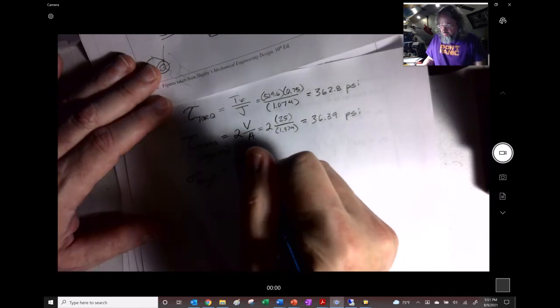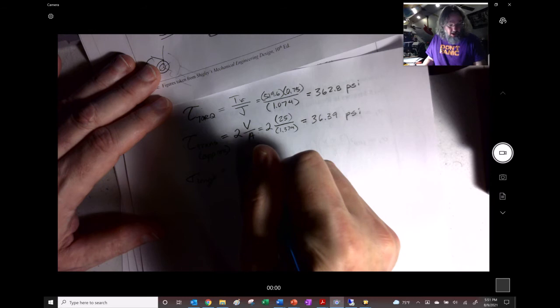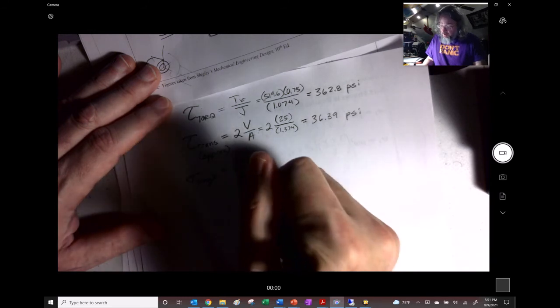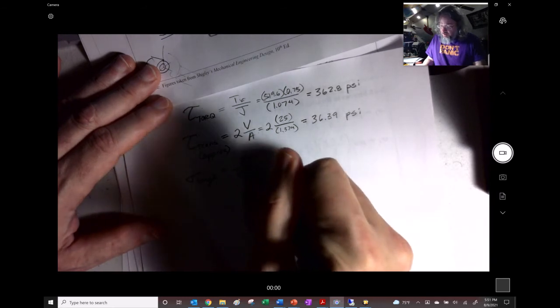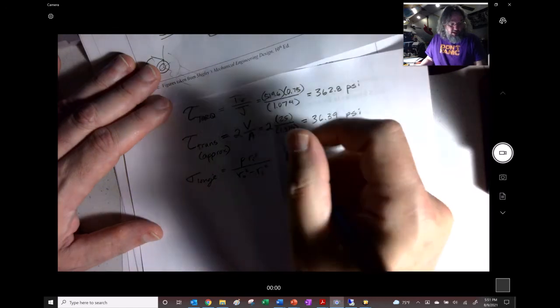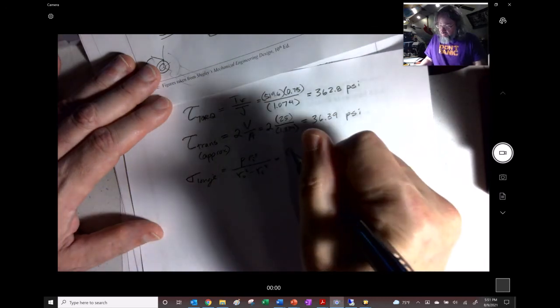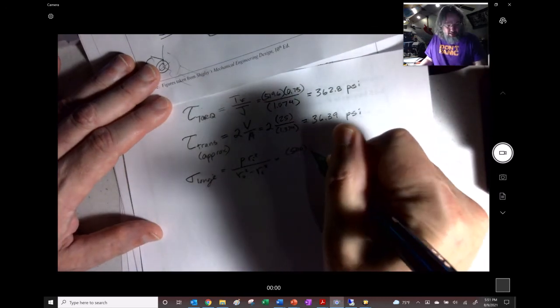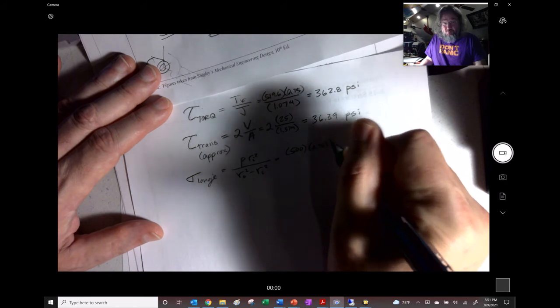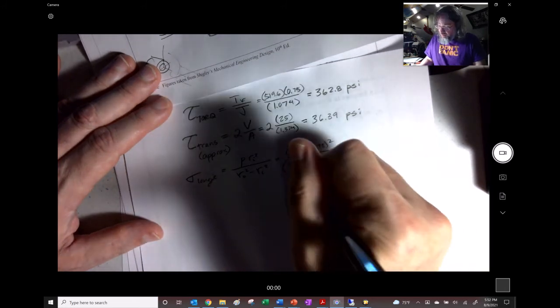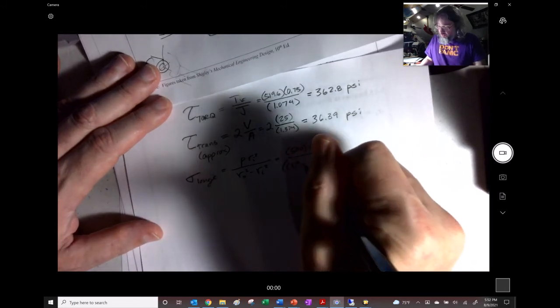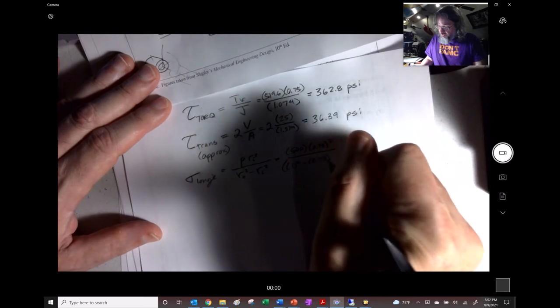That has the equation of P times RI squared, and then RO squared minus RI squared. Because of that, we said it was 500 psi, 0.75 squared, divided by 1 squared minus 0.75 squared.